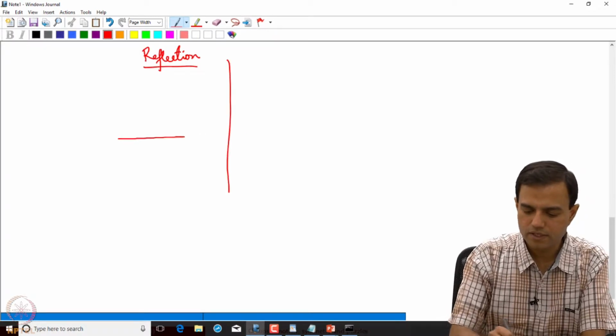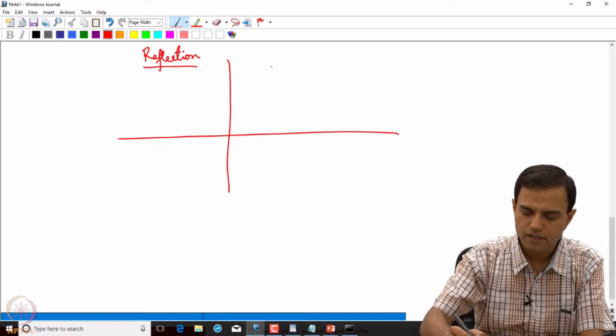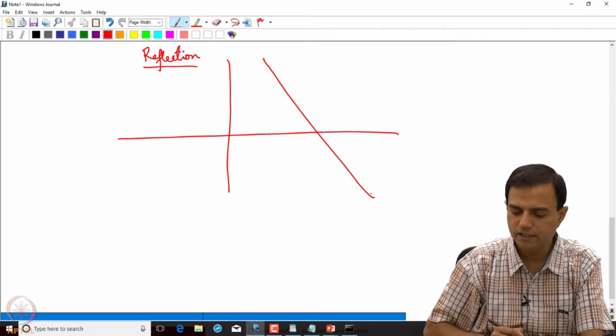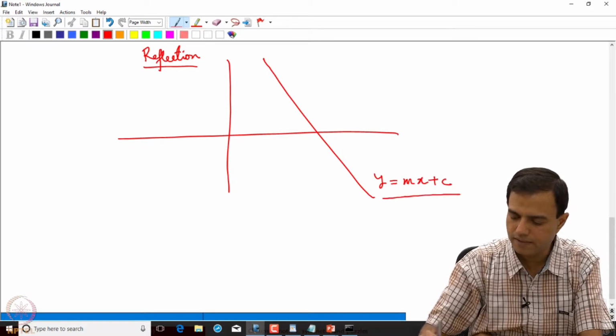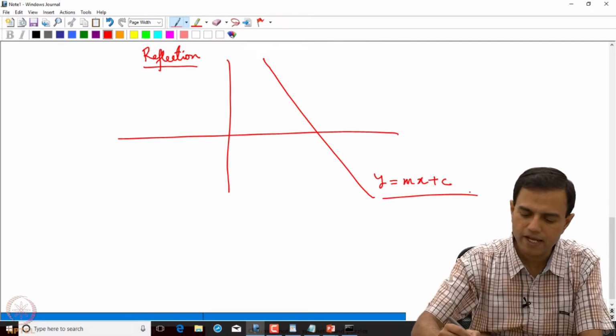So here is R2 just for reference. I pick any line, say y is equal to mx plus c, and then reflect about this line.